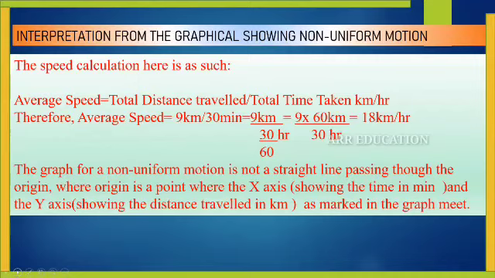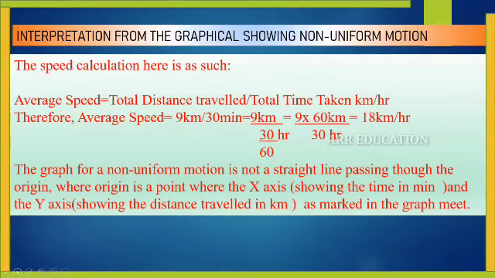So if you ask me to recommend formulas separately, for non-uniform motion I would recommend average speed is equal to total distance traveled by total time taken, and for uniform motion speed is equal to distance by time. So I just wanted to tell you this, and that's it.